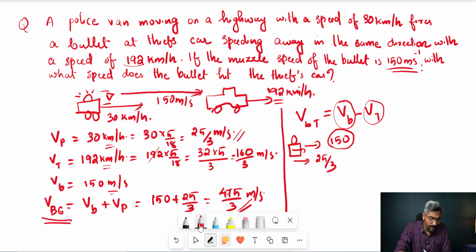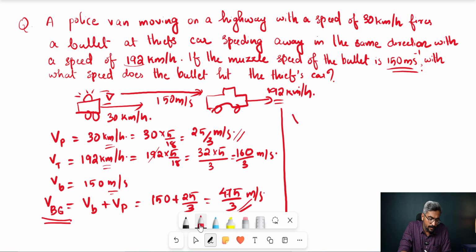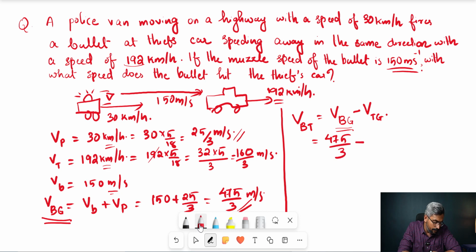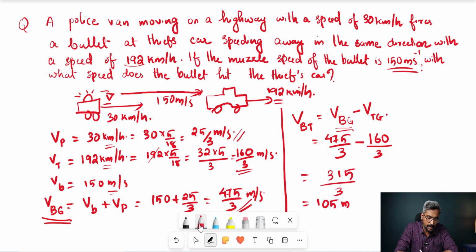Now, what is the actual velocity of the bullet with respect to the thief? Here VBG minus VTG. VBG is 475 divided by 3, minus VTG, which is 160 by 3. That gives 315 by 3, that is 105 meters per second.